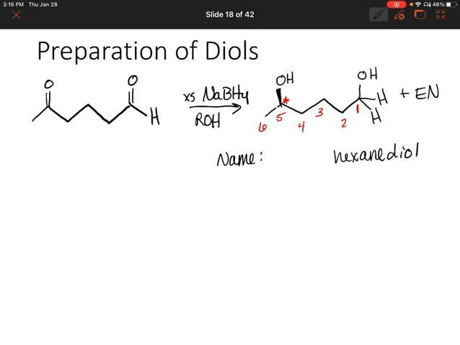So now they're at positions 1 and 5, which are smaller. And one other note, because we can form enantiomers here, we would end up with a racemic mixture. So the mixture would be achiral.